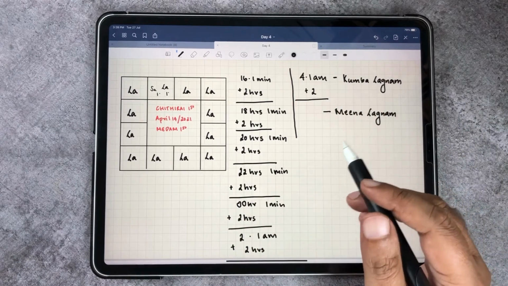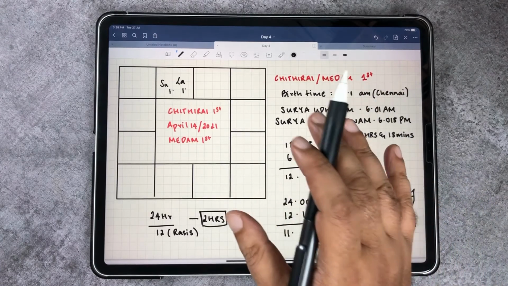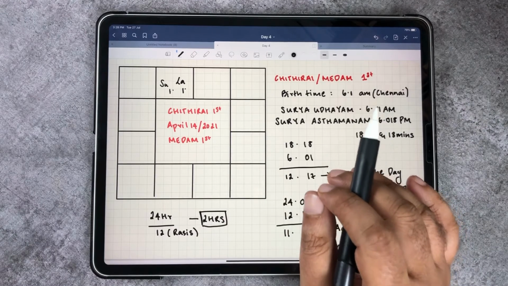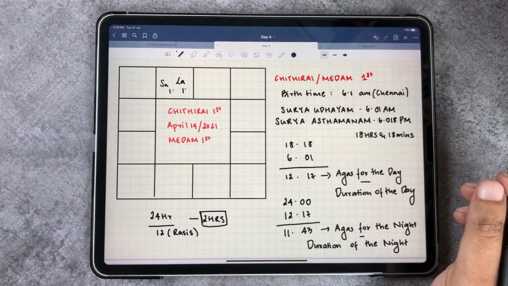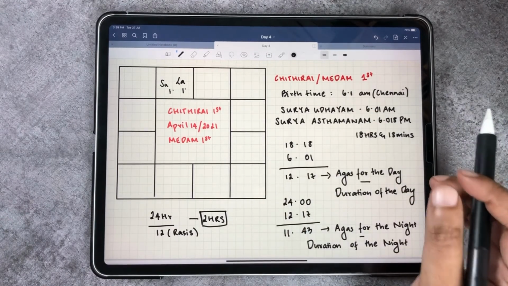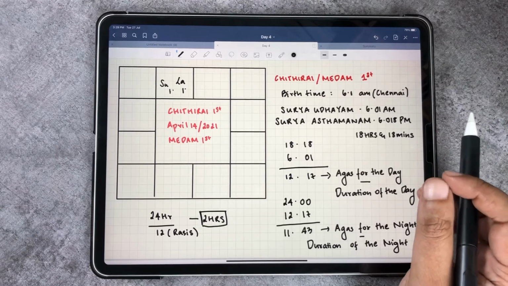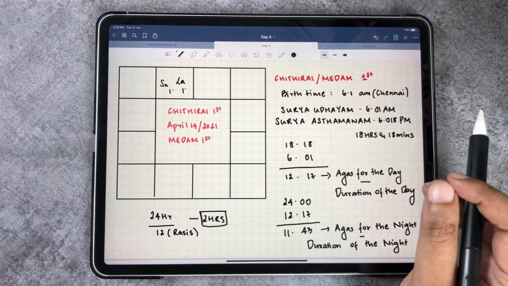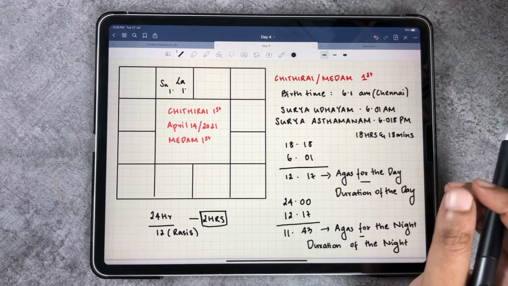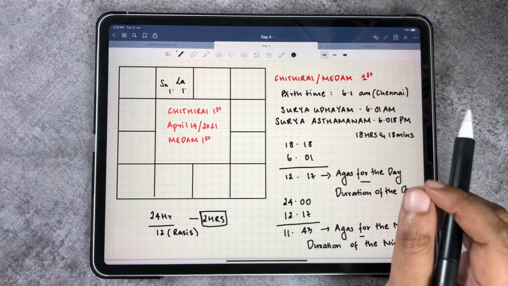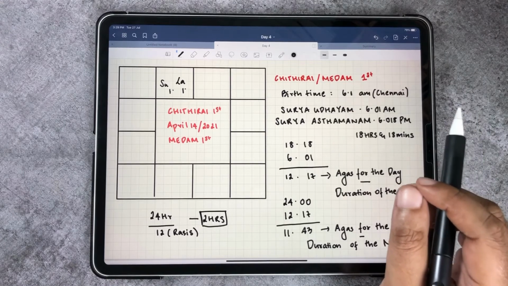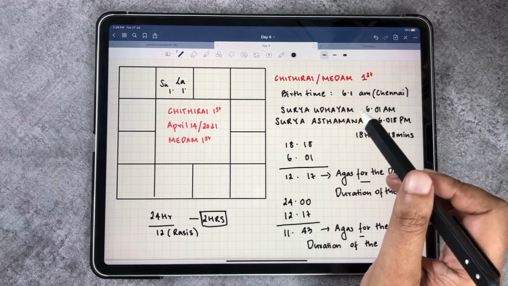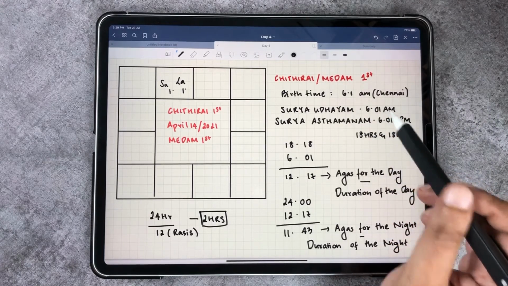So let me repeat once again. Before finding the placement of the Grahas, we need to find the point of birth to find the predictions. This is called the Lagnam, which is also called as the ascendant or the first bhava or the first house. For that we need to know the Surya Udayam for the day.